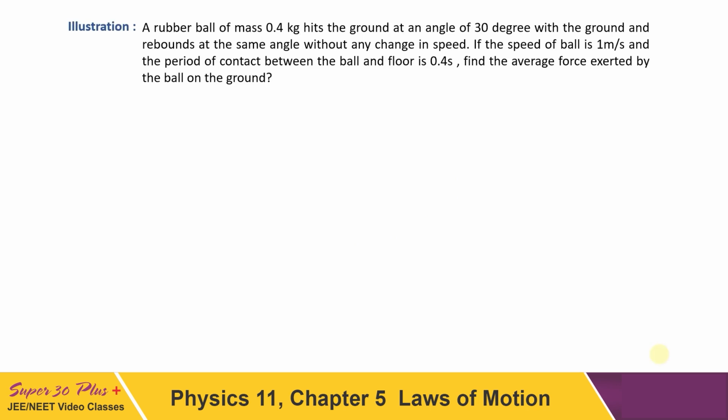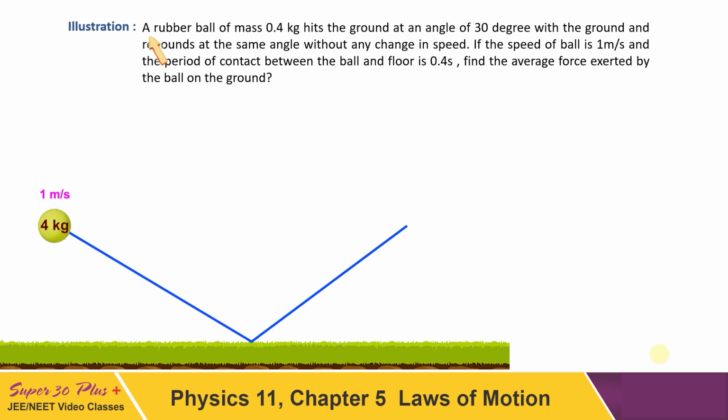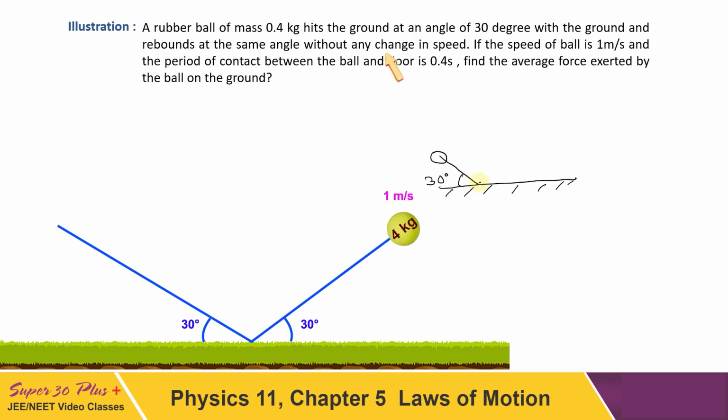Now based on the things that we have learned till now, I have taken one illustration. Let's solve this. A rubber ball of mass 0.4 kg hits the ground at an angle of 30 degrees with the ground. Okay, first draw the situation. It is the ground at which a ball is hitting with an angle of 30 degrees with the ground and rebounds at the same angle without any change in speed.